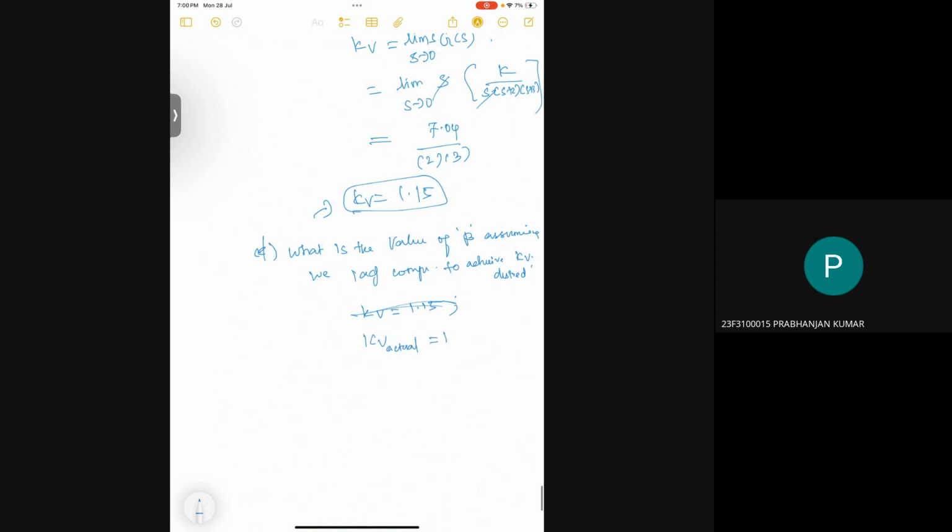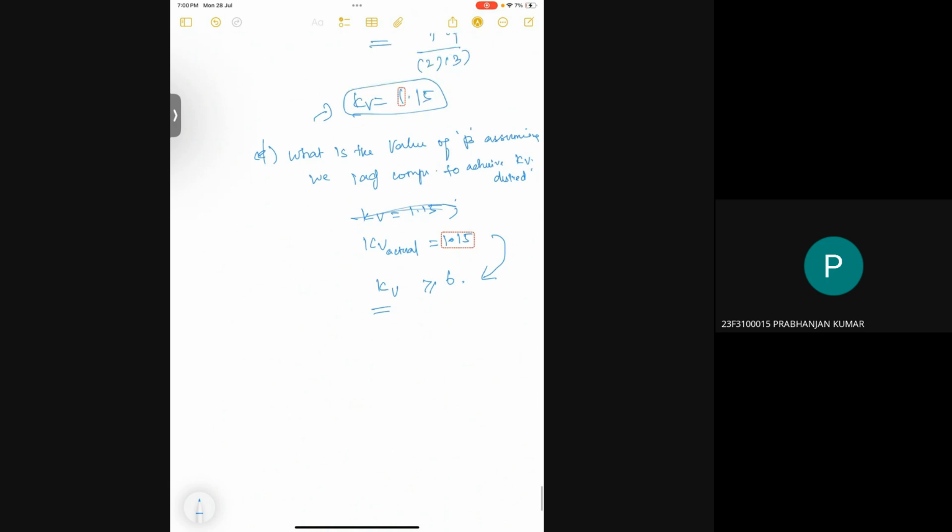We got Kv as 1.15 around, but the desired Kv should be greater than 6. So you should make a compensated design so that you can push the Kv from 1.15 to greater than 6. That's how we are going to design a compensator, so that we will get the beta value such that the Kv value will be greater than 6.